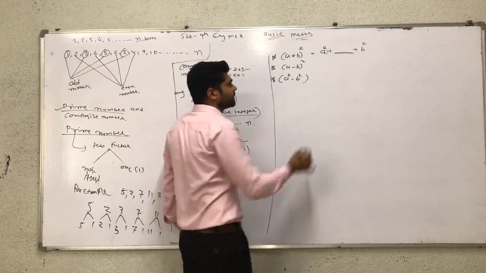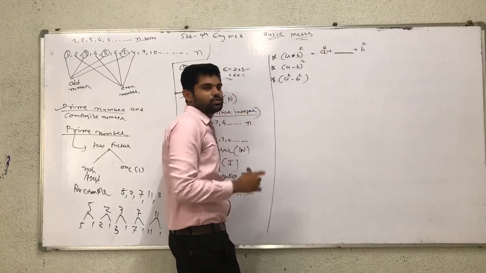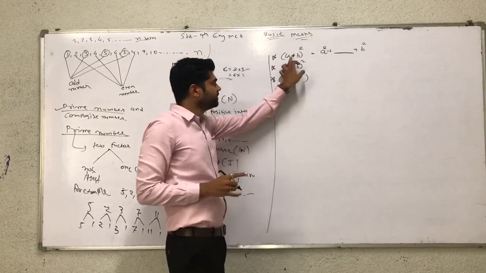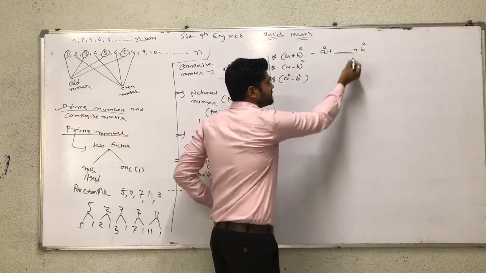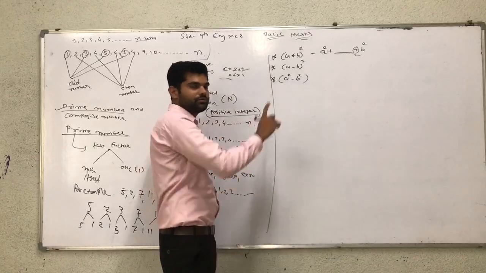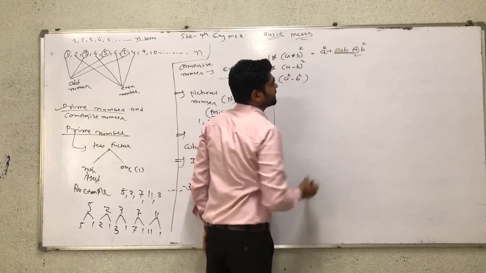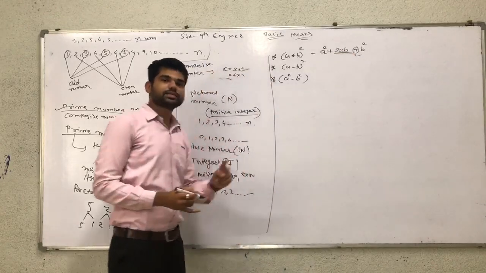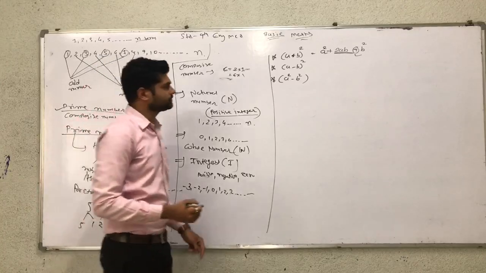Now the middle term: when there is a plus, you write a plus. When there is a minus between the terms, you always write minus. But the plus b square sign is always plus in all this type of equation. So the answer is 2 times the first term multiplied by the second term. So the equation is a square plus 2ab plus b square.